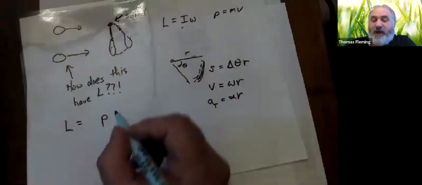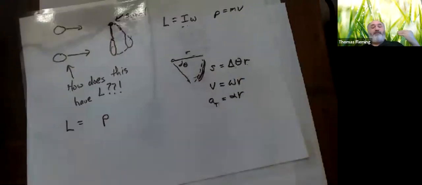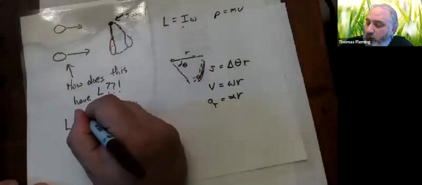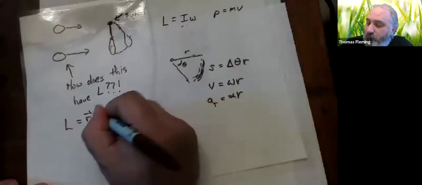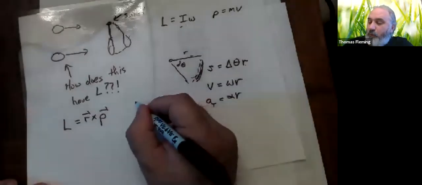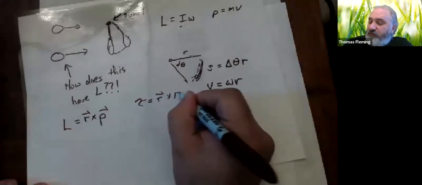And so what I don't want to write is P times R, because I've got to multiply my vectors like vectors. So I'm actually going to write it as R cross P. And again, that shouldn't be super surprising because when I did torque, it was R cross F.